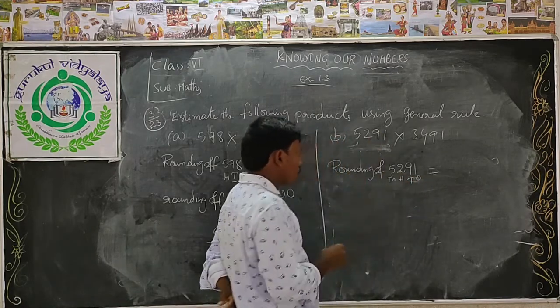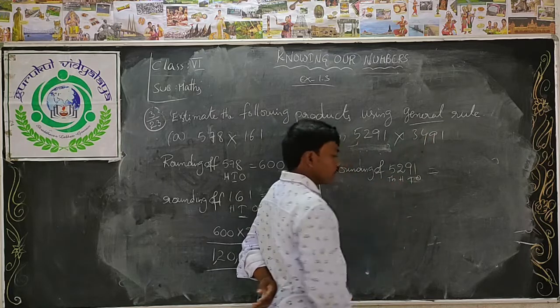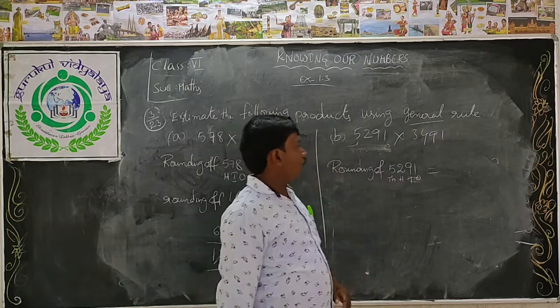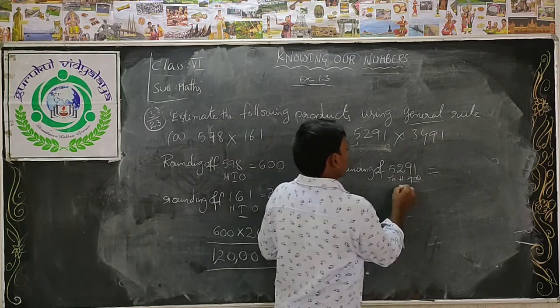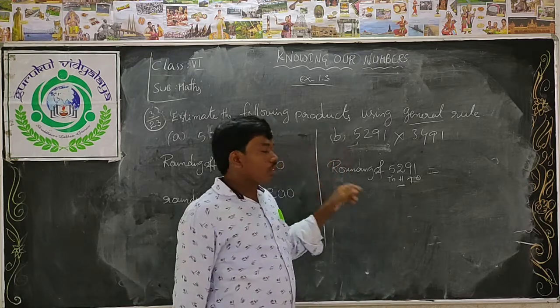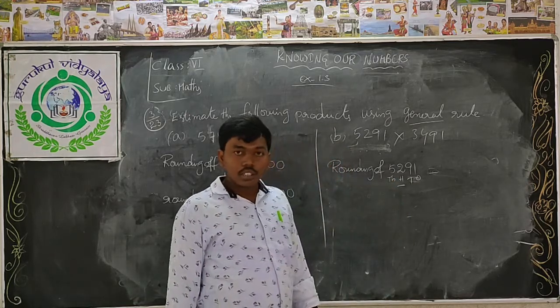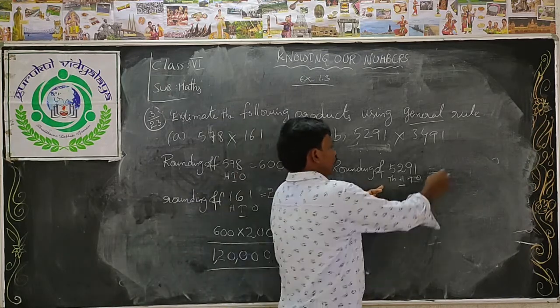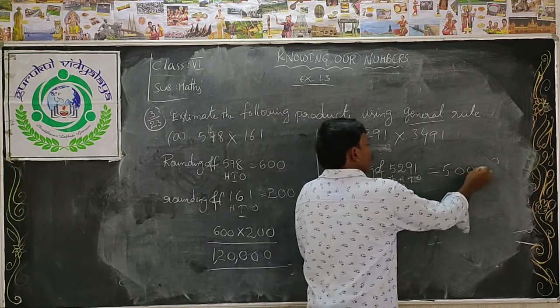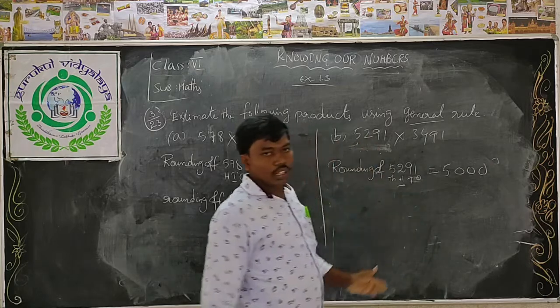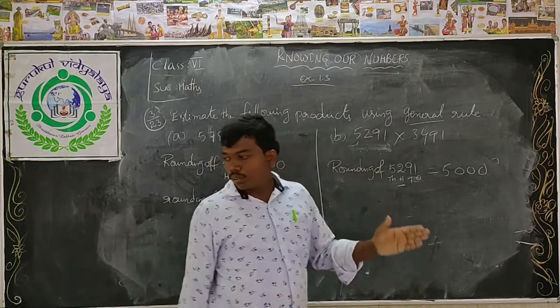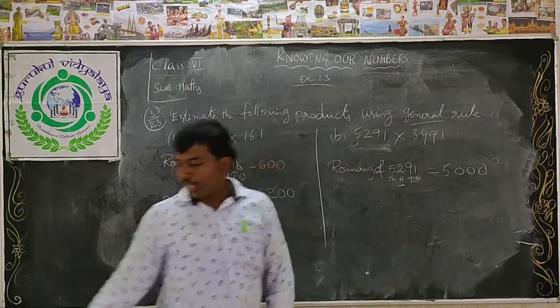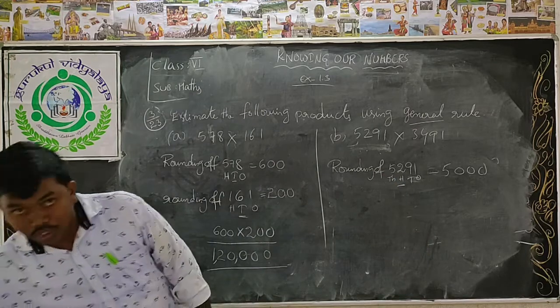Thousands are given as the general rule, so thousands means we have to find the nearest thousand. So identify the hundreds place value. What is the hundreds place value? 2 is the hundreds place value. So 2 is less than 5. No need to change the thousands place, that is 5. The remaining 3 will be 0. Remaining 3 means hundreds place will be 0, tens will be 0, and ones place will be 0.